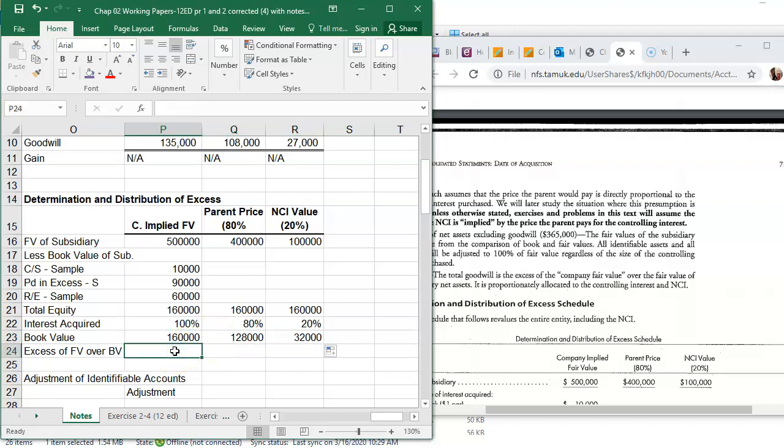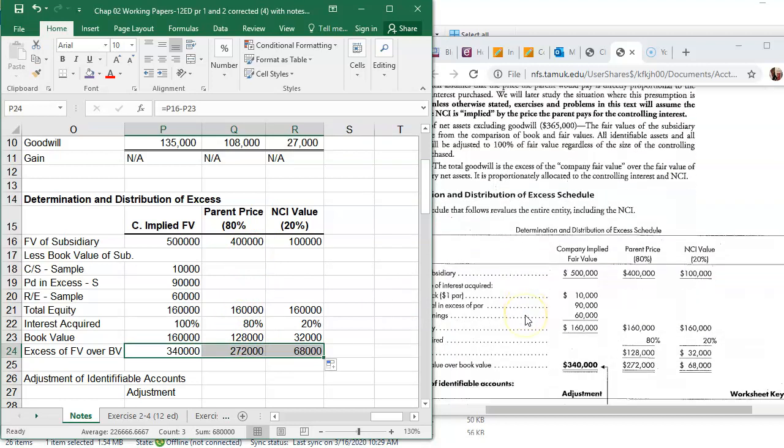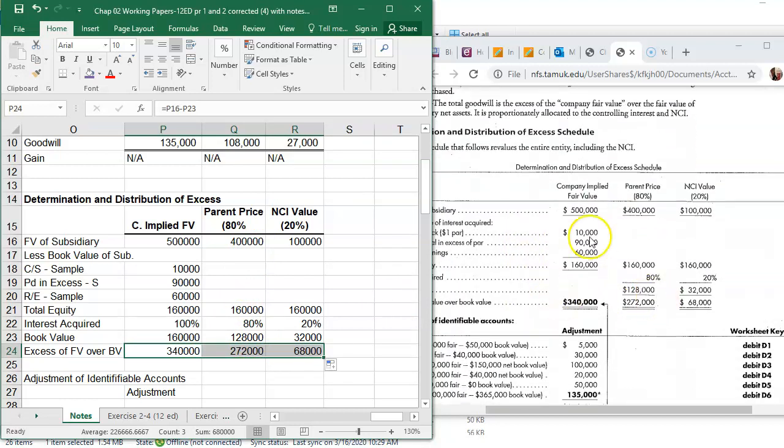Okay, and then to get the excess, it's the fair value minus the book value. Now that I have it there, I can copy it on across, and it's the fair value minus the book value. So it ends up tying to this over here. All right, let me make it look pretty.